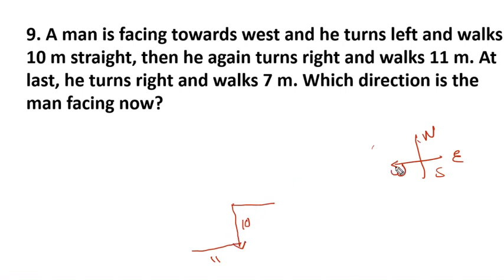So at present he is in west direction. West right is north. Then walks 7 meters. Which direction is the man facing now? North direction. So our answer is north. Okay, let's go with the next question.